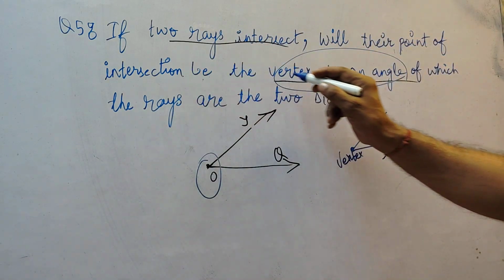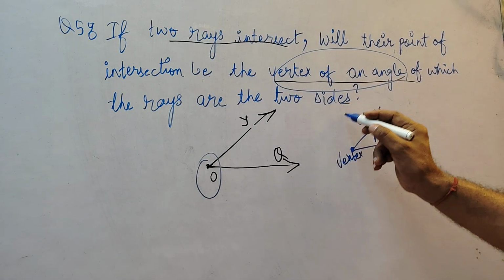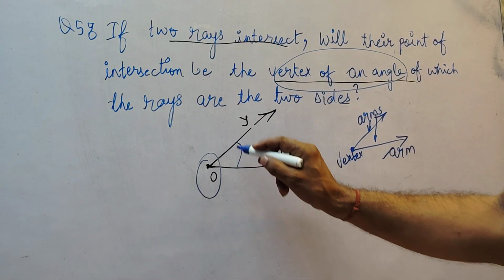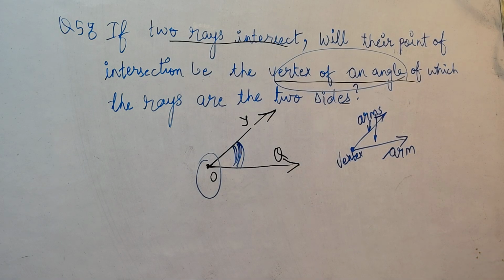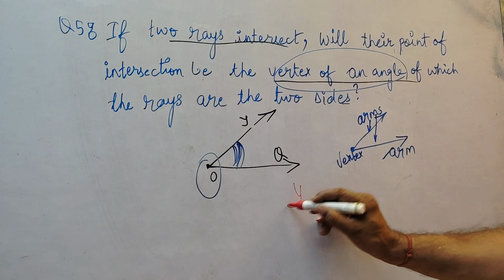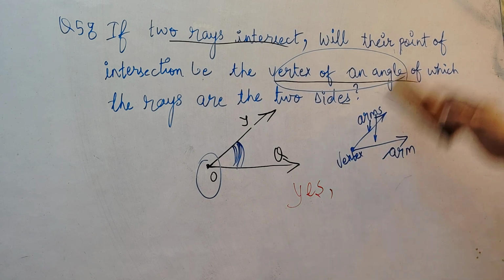Will their point of intersection be the vertex of an angle of which the rays are the two sides? So these are the two sides. This is the angle. So its answer is yes.